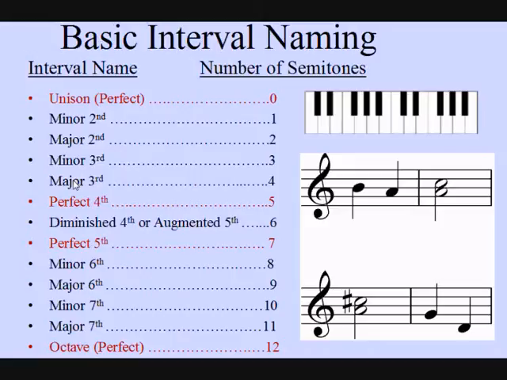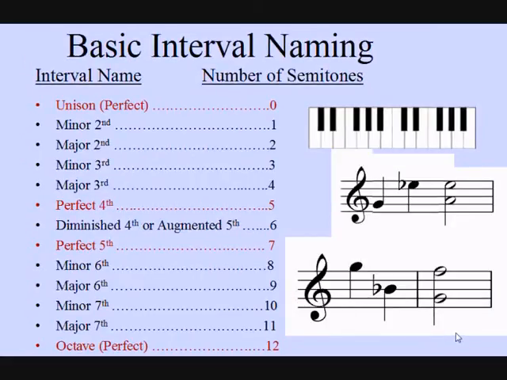The reason why it is necessary to also staff count is because later we're going to see more complicated cases in which the number of the interval doesn't actually match the number of semitones. Therefore we have to give them a different name. We'll see that later when we see more complex interval naming.